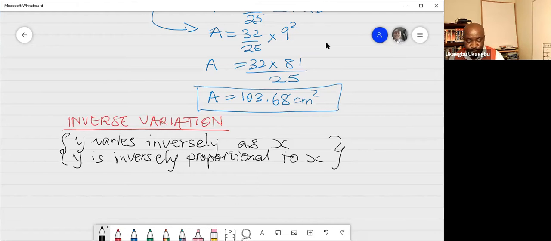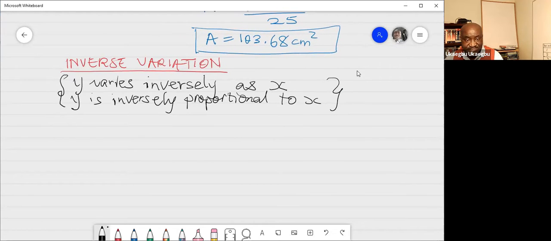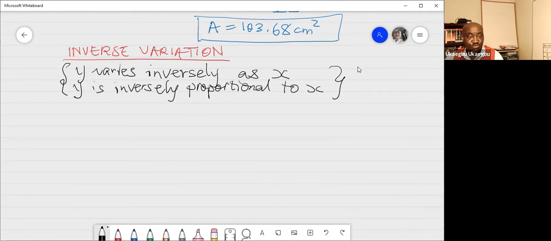All right? So now, once you hear such a statement anywhere in mathematics, in science, in technology, the next thing you will do is bring it up into a mathematical symbol.